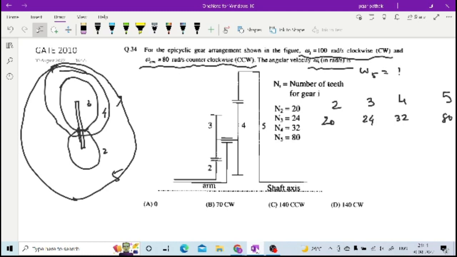So that will be 140. 140 clockwise or counterclockwise? Counterclockwise. Yes, correct, right? Counterclockwise.